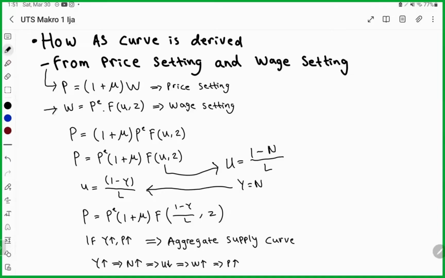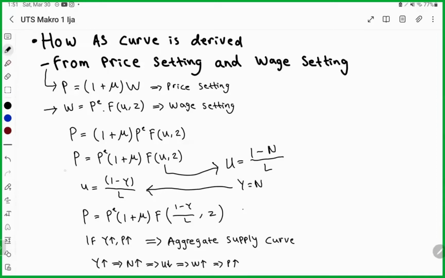Okay, after we found these equations, we need to substitute them so that we can find the equilibrium. So price equals to this, and then we substitute this W, aka wage, with the wage setting equation. So we found this equation, right?